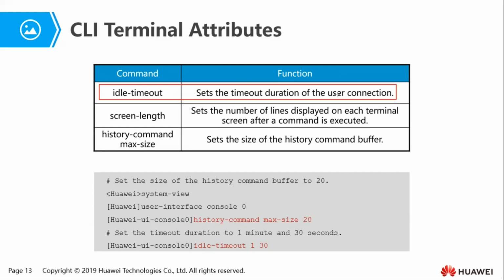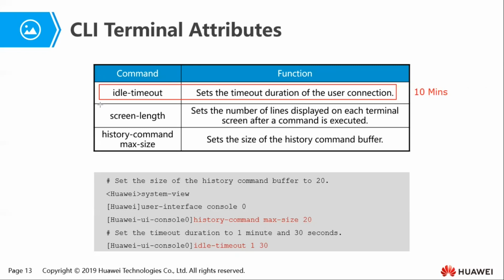By default, this is usually set to 10 minutes. You can always reduce it in order to improve security, so that in case a network engineer forgets to close the connection, someone else cannot take advantage of their machine and that connection to hack your systems. So that's the idle timeout.